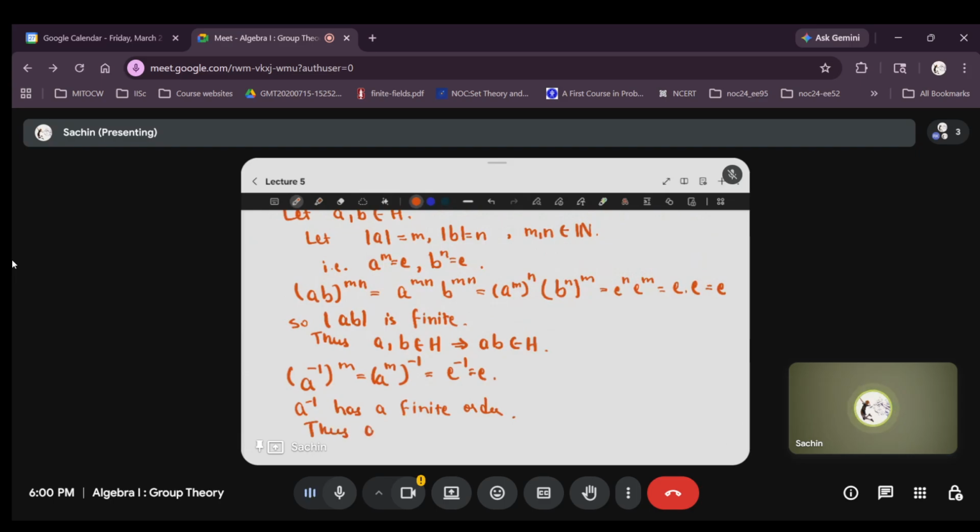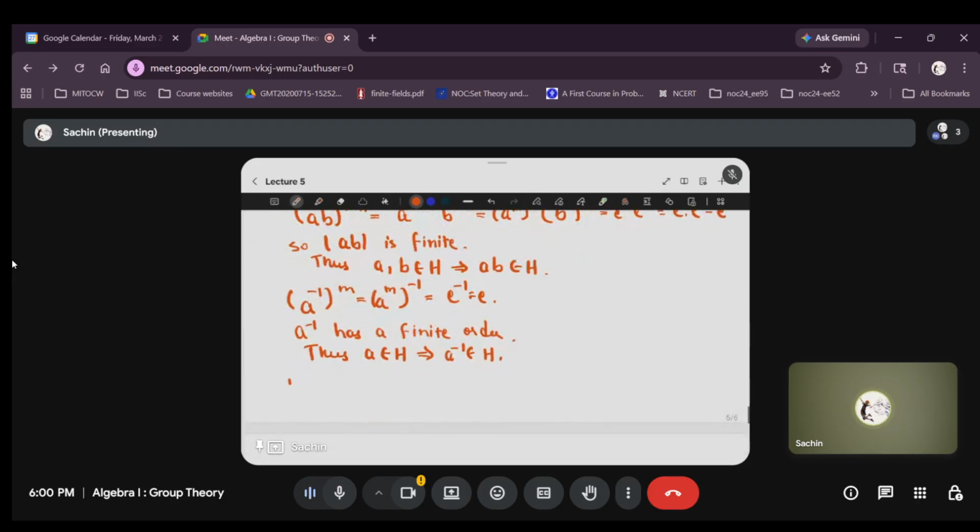Thus, A is in H implies A inverse is in H. So by the two-step subgroup test, H is a subgroup of G.